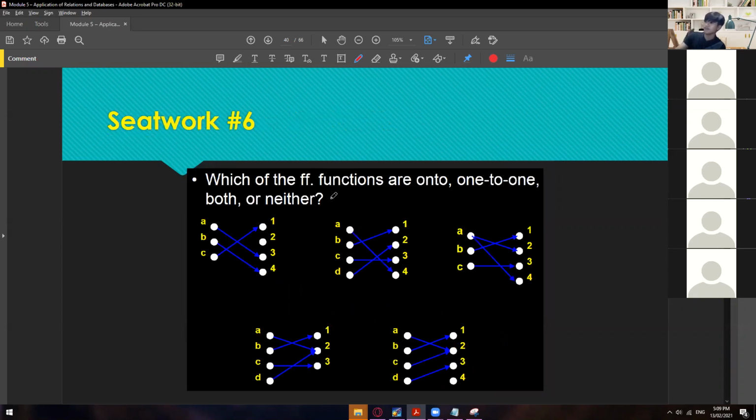Just identify whether that one is an onto function, one-to-one function, both, or neither. We have here 5 numbers, 1, 2, 3, 4, 5. I forgot to put the numbering, so just follow this format: 1, 2, 3, 4, and then 5. Again, you can do this one handwritten or via Microsoft Word.